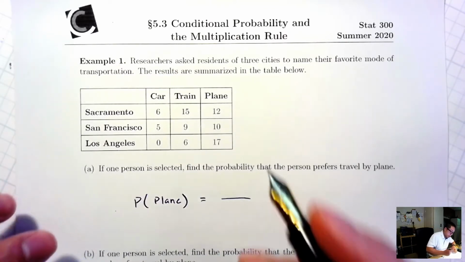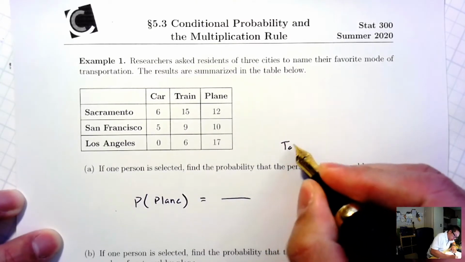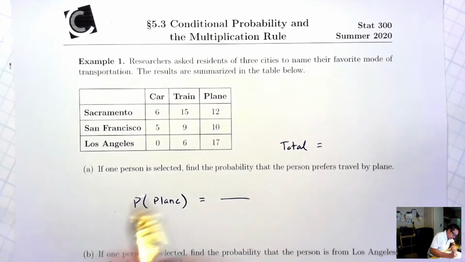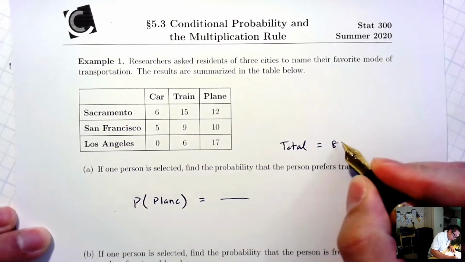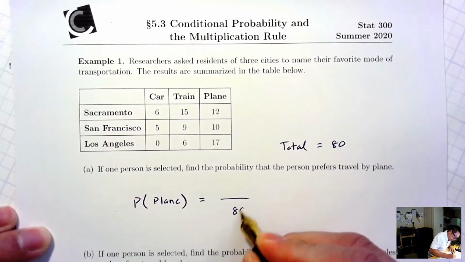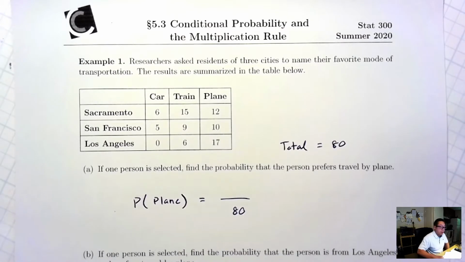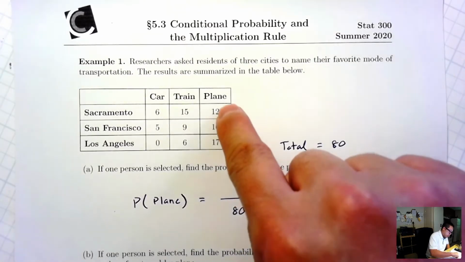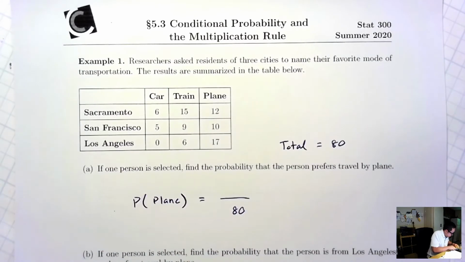The total here is going to be 80. And then for the top, how many people prefer travel by plane? 12, 10, and 17. That's 39.